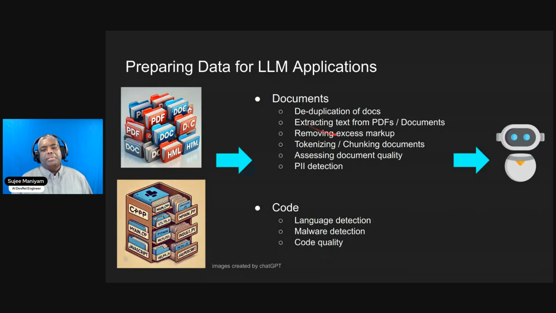Let's say I have documents in various formats like PDFs and HTML. I want to convert them into plain text, just so they are easy to process. And when I'm doing this, maybe I want to remove some of the markups like bold letters and formatting, because usually we don't need them for our training application.